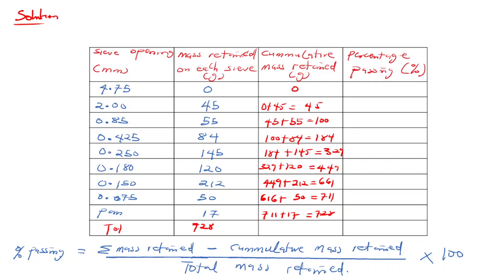So for the percentage passing, we use this formula: percentage passing equals the summation of mass retained minus cumulative mass retained, all over total mass retained, times 100. So how does this work? Let's say you take the first one.